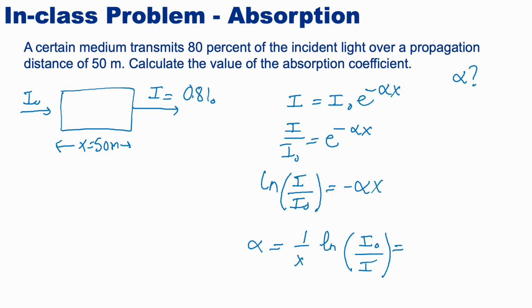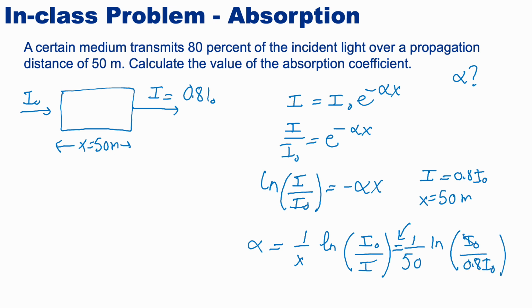Now if we plug in our values, with x equal to 50 meters and the final intensity 0.8 of the original one, we have the natural logarithm of I0 over 0.8 I0.